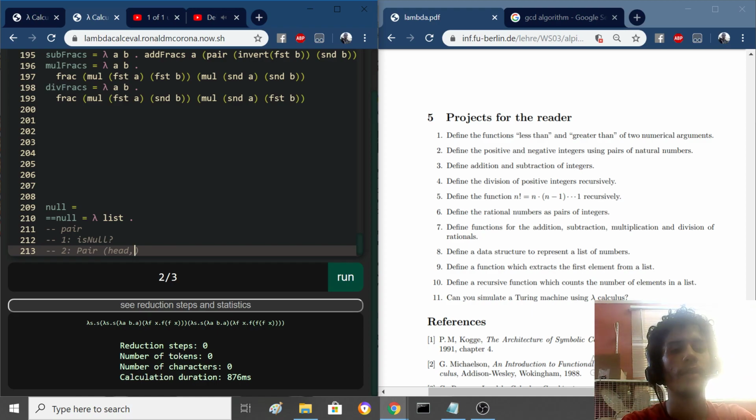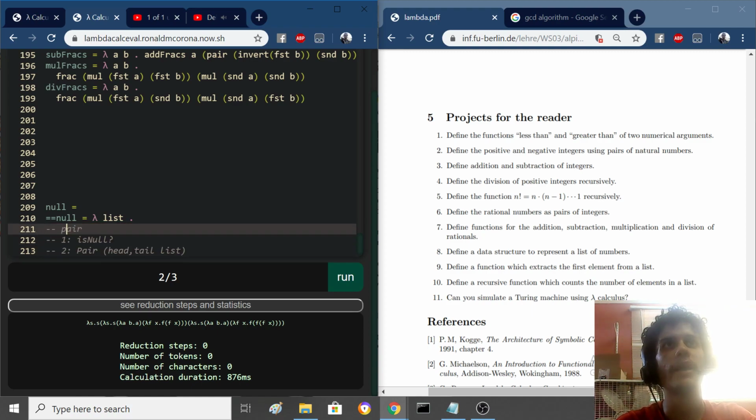And then the rest of the list, so the tail list. Whatever this is, the tail list is going to be yet again all this stuff, which is a pair, where the first tells us, is it null?